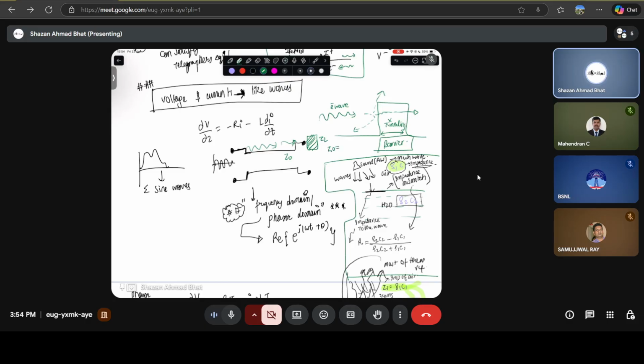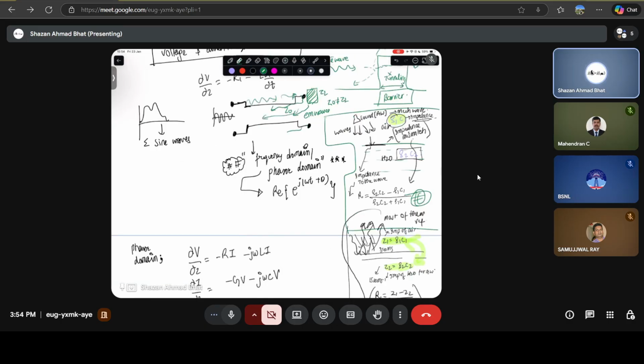If Z0 is not matching ZL, there will be reflections of the wave. Of what wave? Electromagnetic wave. Similar to this particular phenomenon. These are waves at the end of the day. Okay. So these get reflected, and you talk of the reflection coefficient here.